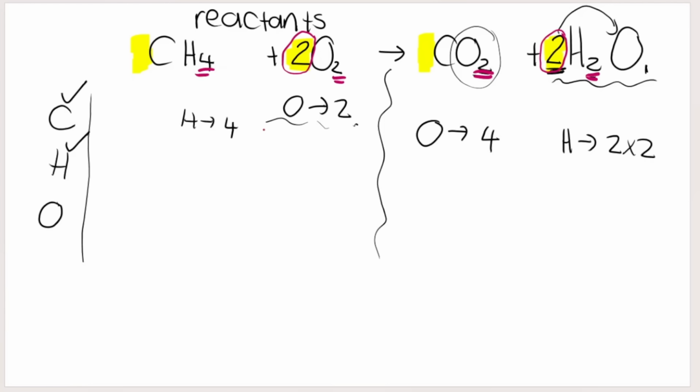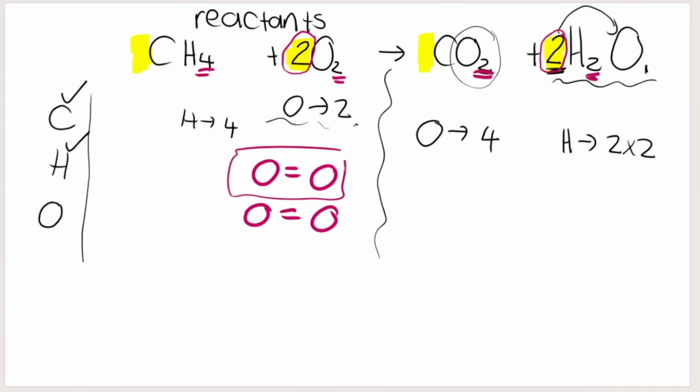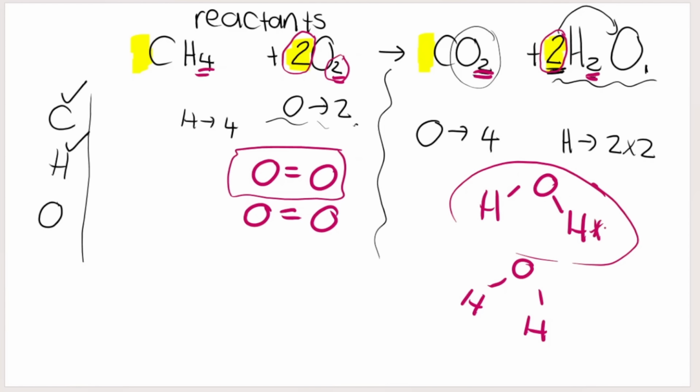So this 2 now means that I have not 1 oxygen molecule but 2 oxygen molecules, but each oxygen molecule has 2 oxygen atoms. This 2 over here means I have 2 water molecules. This is what water looks like. Because there's a big yellow 2 in front of it, I have 2 water molecules, number 1, number 2. But in each water molecule, I still have 2 hydrogens, that's why it says H and a baby 2, and 1 oxygen, which is why it's just O. I hope that makes sense.